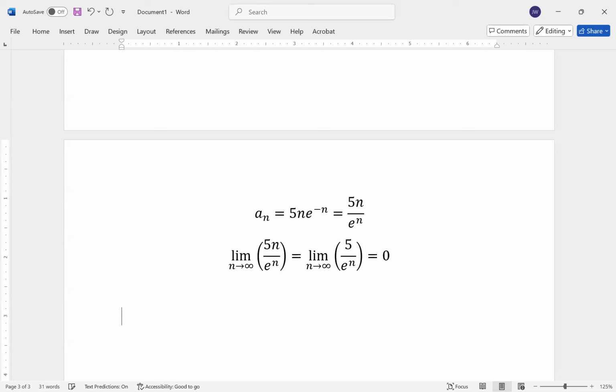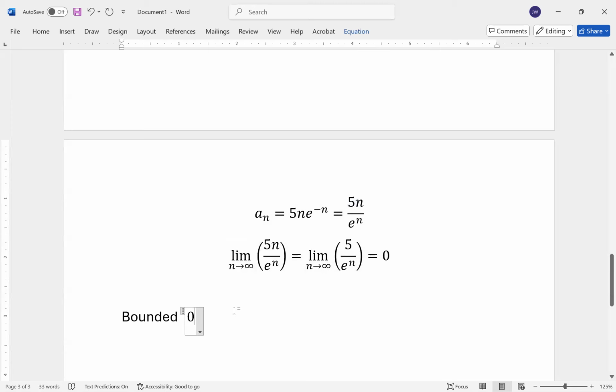If I wanted to think about bounded and monotonic, this one is bounded. On top, the highest term you get is when you plug in 1, you get 5 over e, which is approximately 1.84. But on the bottom, this is never a negative number. Remember, we're plugging in positive numerical values for n.